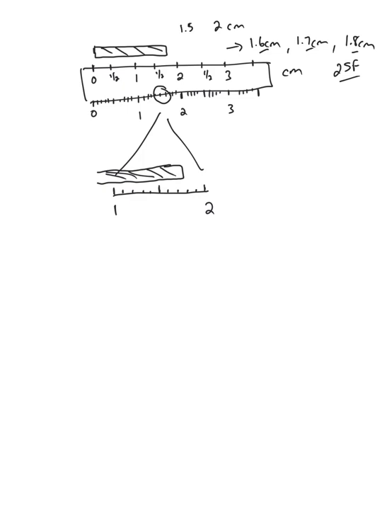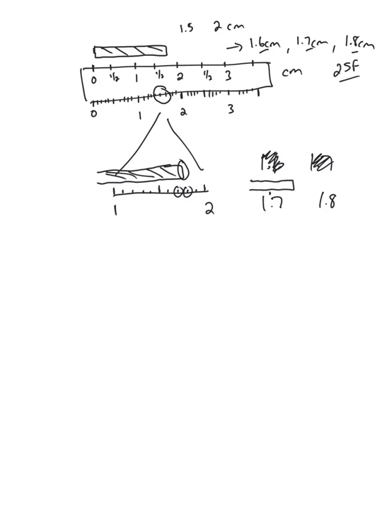Now, if this same object was placed next to a ruler where there is 10 divisions, we can notice right now that the edge of this is between 1.6 and 1.7. Because there's 10 equal divisions, that object, I can't count. It's between 1.7 and 1.8. And we'll notice that that object comes through here, like here.